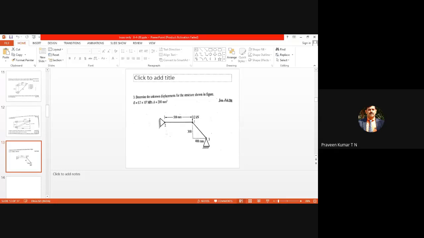Direction cosine, one more formula: cos theta is equal to (xj minus xi) divided by length, etc. That's cos theta. If you remember those three formulas, one for direction cosine, one for stress, and one for stiffness matrix, that is sufficient. The time is already over.